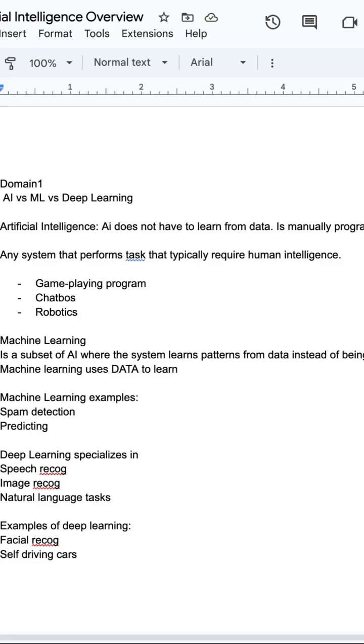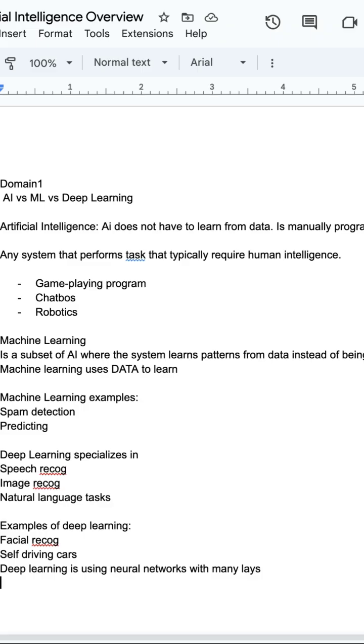And voice assistants, transcribing and understanding your speech. The major term that you need to know for deep learning is using neural networks with many layers. It's still machine learning and therefore still AI, but it is a subset. All deep learning is machine learning, and all machine learning is artificial intelligence.